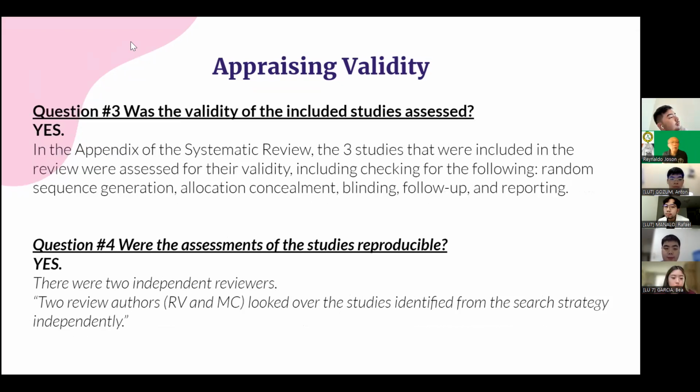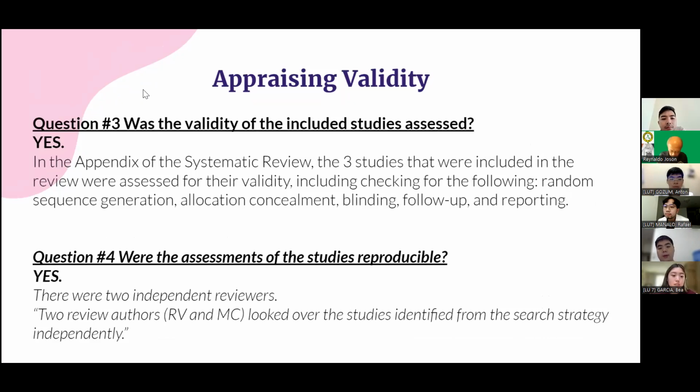So the next question we answer in appraising for the validity is, was the validity of the included studies assessed? Our answer is yes, because based on the appendix in the systematic review, the 3 studies that were included in the review were assessed for their validity, including checking for the following aspects: the random sequence generation, the allocation concealment, the blinding, follow-up, and the reporting.